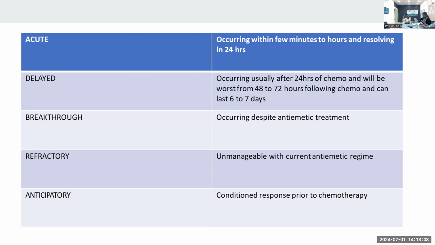The patient will anticipate that when he gets chemotherapy, he is definitely going to get nauseated and vomit. And the thought of that in the cortex causes anticipatory vomiting.